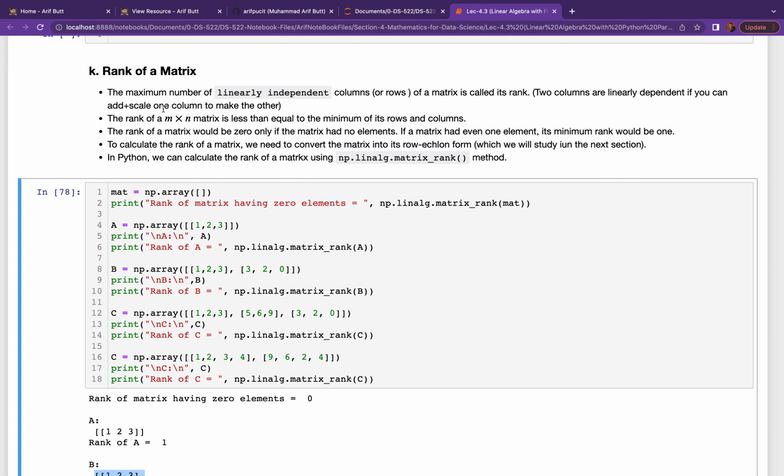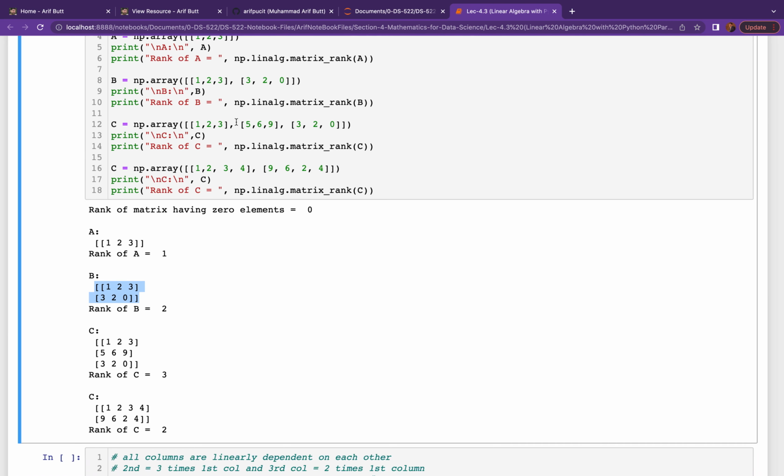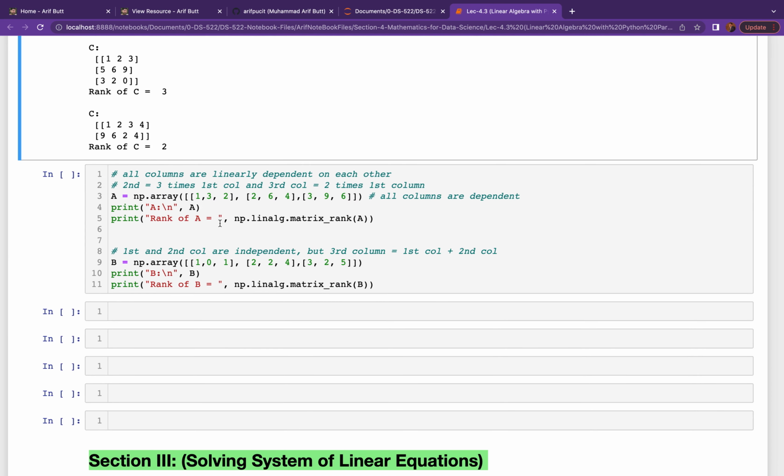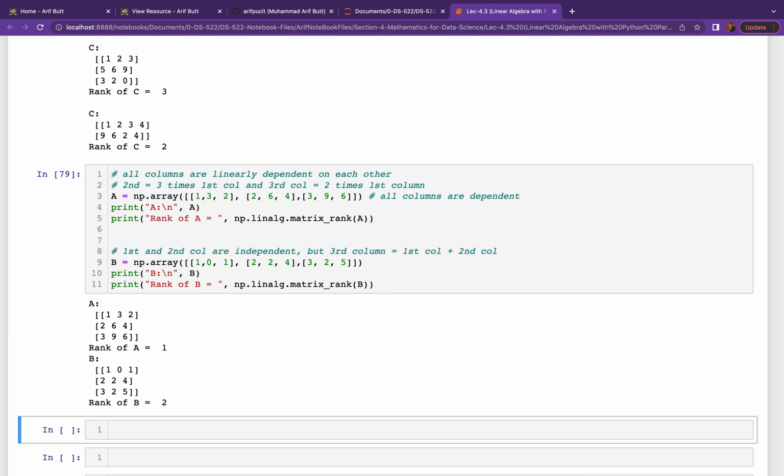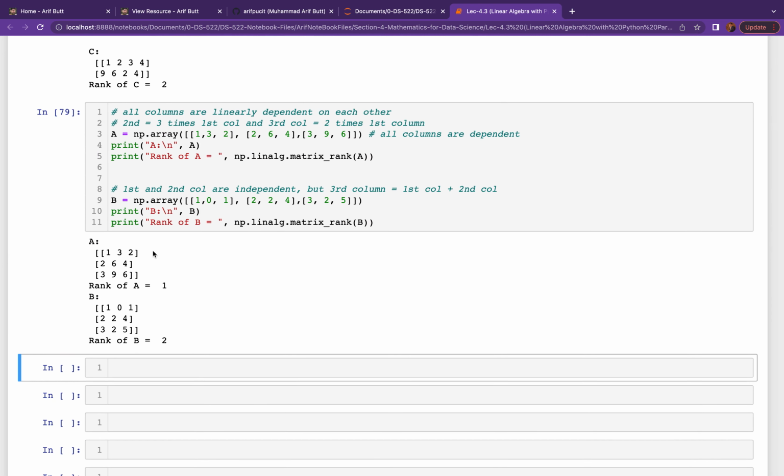So I hope this rank is clear to you, and its application is of course finding the linearly dependent or the independent columns. And this is what is shown over here. If you see this matrix A having 1, 2, 3, 3, 6, 9, and 2, 4, 6, these 3 columns, it appears that its rank should be 3, but its rank is 1.